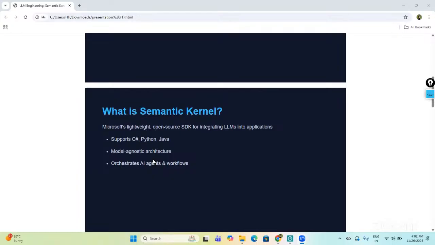In the sense that it is not locked only to a specific large language model vendor, and it acts as an orchestrator for AI workflows, tools, and agents. So instead of treating LLMs as standalone chat tools, Semantic Kernel embeds them as first-class citizens. And you move from prompt engineering to AI application engineering.